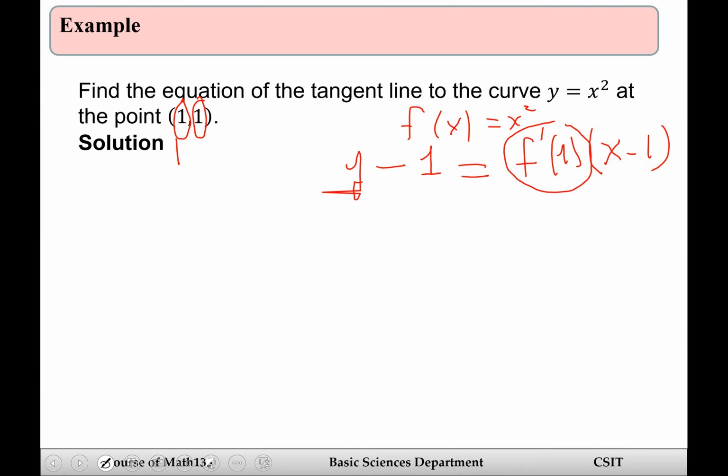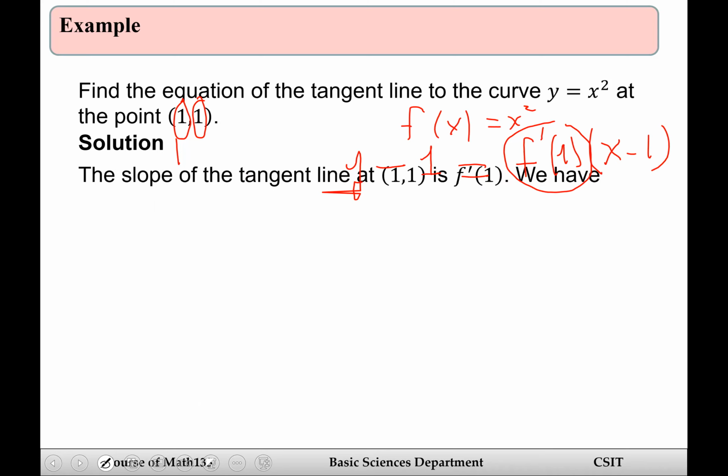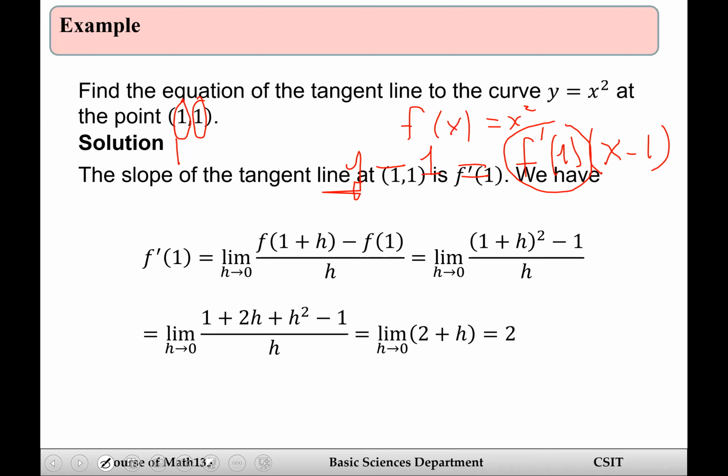Here f prime of 1 is a kind of limit, and the computation is easy using the limit. However, later we will see that we have the rules for the derivative, and it can be simply computed by the rules.